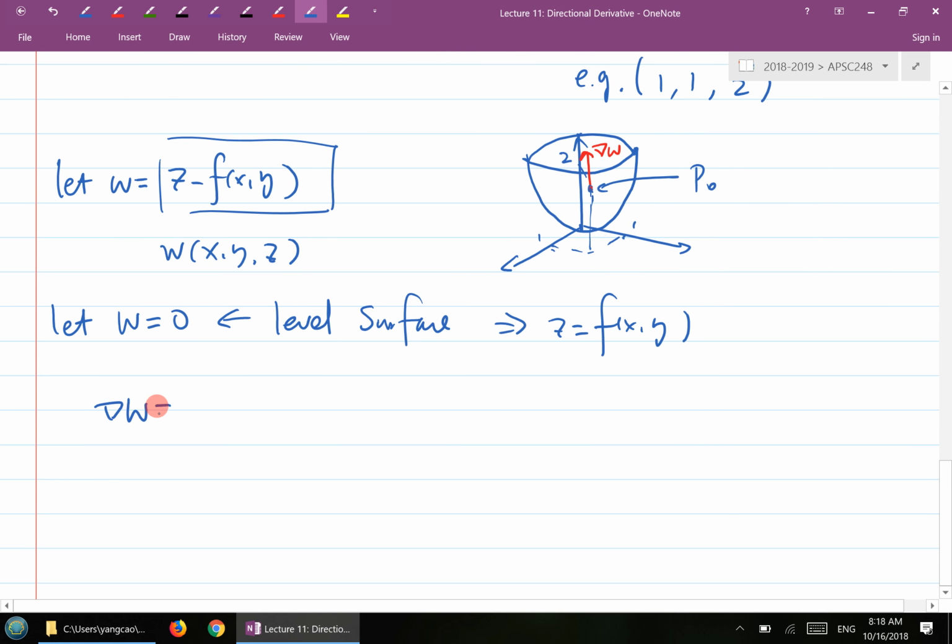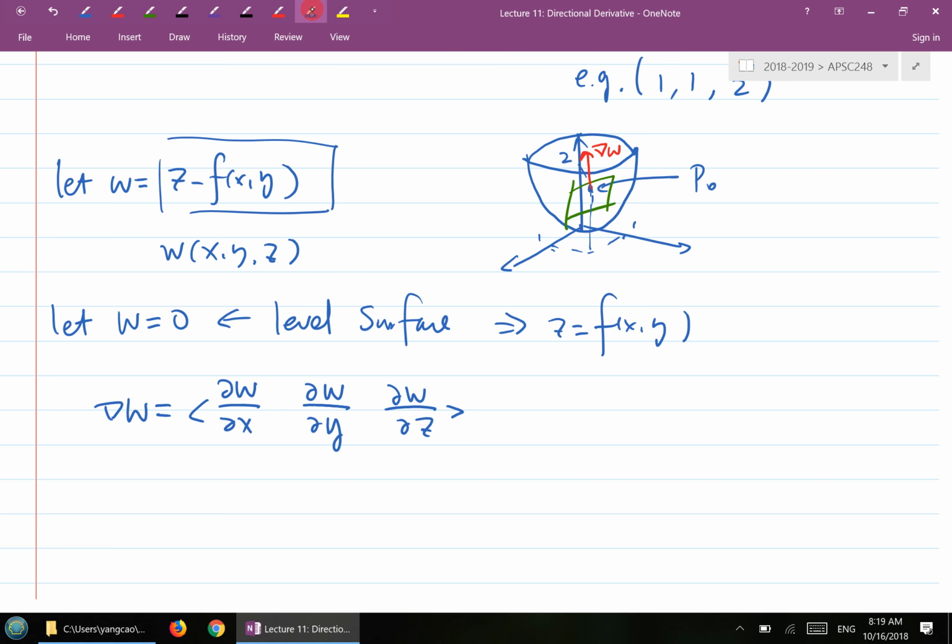Del w equals partial w over partial x, partial w over partial y, partial w over partial z. That's the gradient vector at that location, and then you can draw a tangent plane at that location. Del w is perpendicular to the tangent plane.